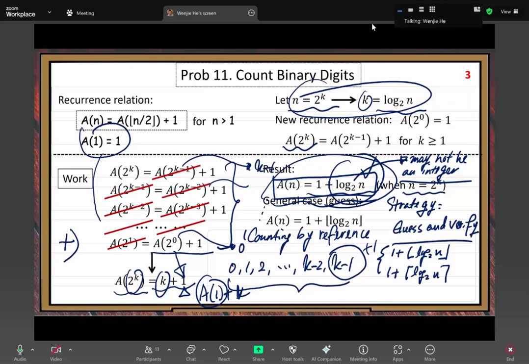So what simple case? Let's consider the n equals 3 case. That's a small number. Some students may argue n equals 1 is simpler, right? But sometimes the simplest case may be too trivial.